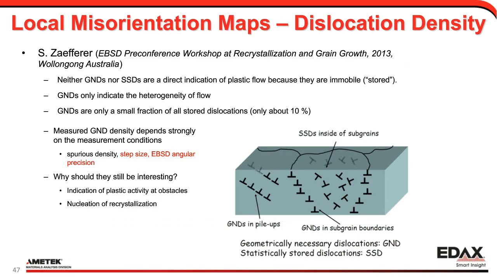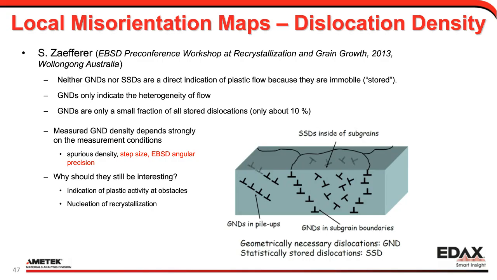There was a really good talk that I remember Stefan Zaefferer gave, when he gave this at the Max Planck Institute for Steel Research in Düsseldorf, Germany. And he points out that neither geometrically necessary dislocations nor the statistically stored dislocations, SSDs, are a direct indication of plastic flow, because they're stored, they're immobile.